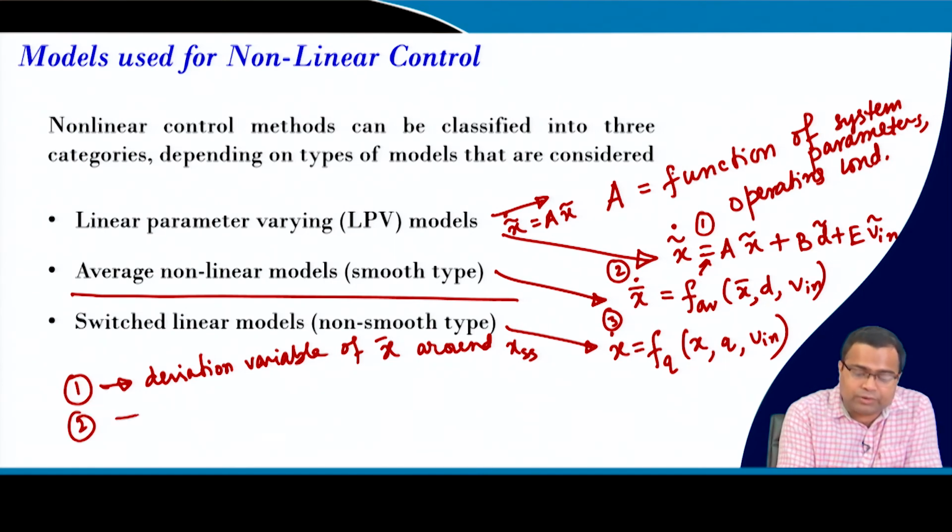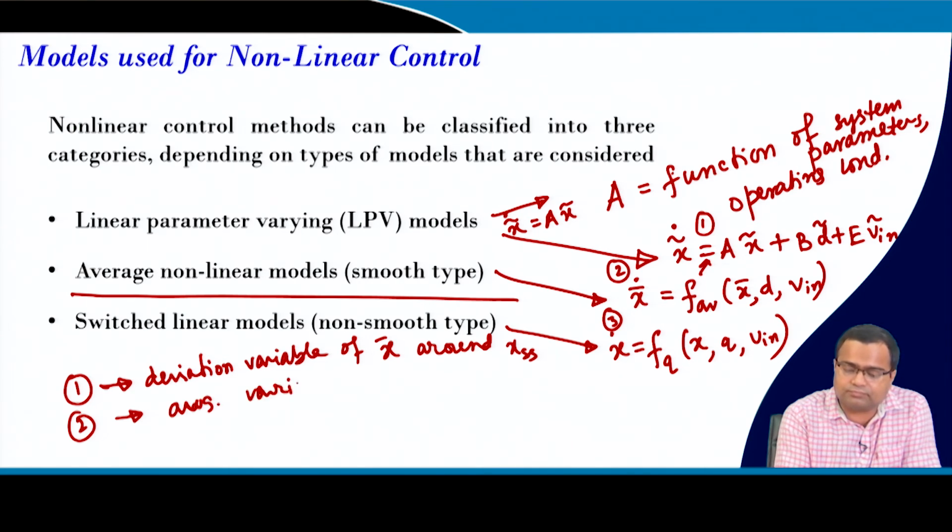Model 2 considers the average variable, the average quantity, and model 3 considers switching dynamics.